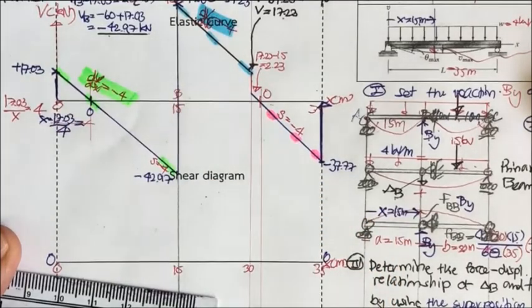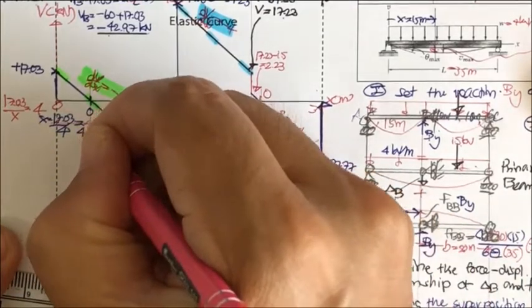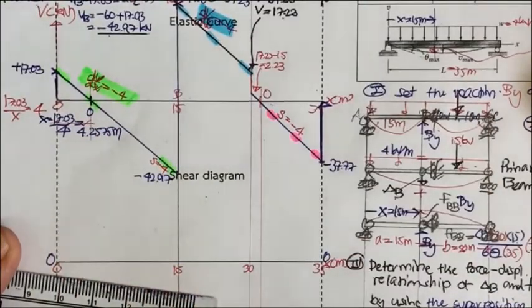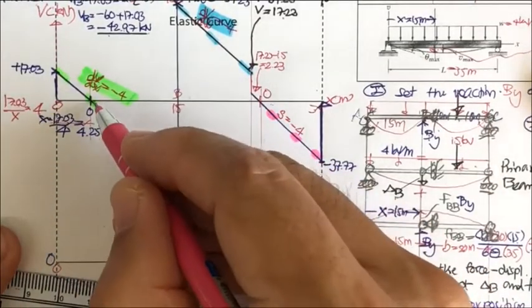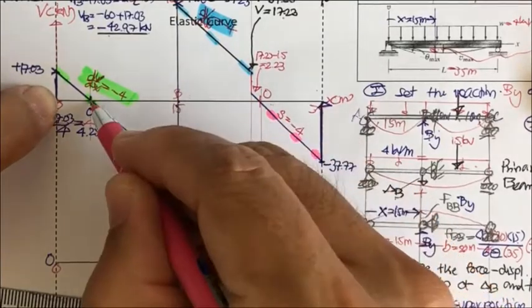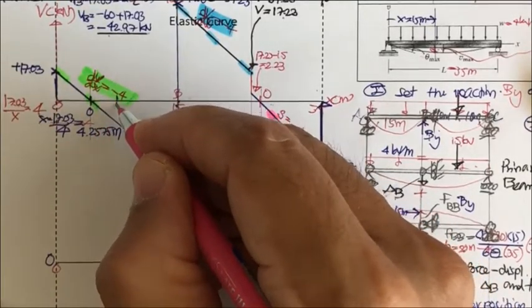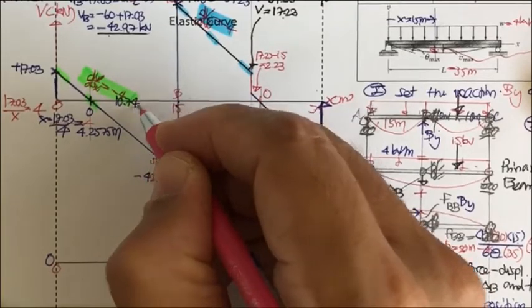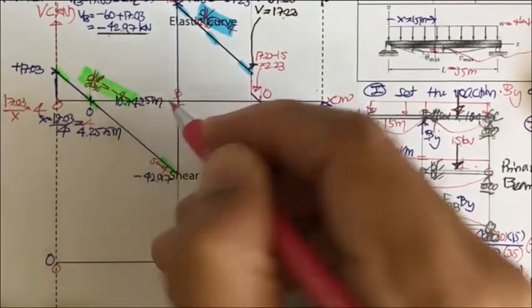And if you do the calculation, this is going to be 4.2575 meter. Okay, and you may find this distance. This is 15 minus this. This is going to be 10.7425 meter.